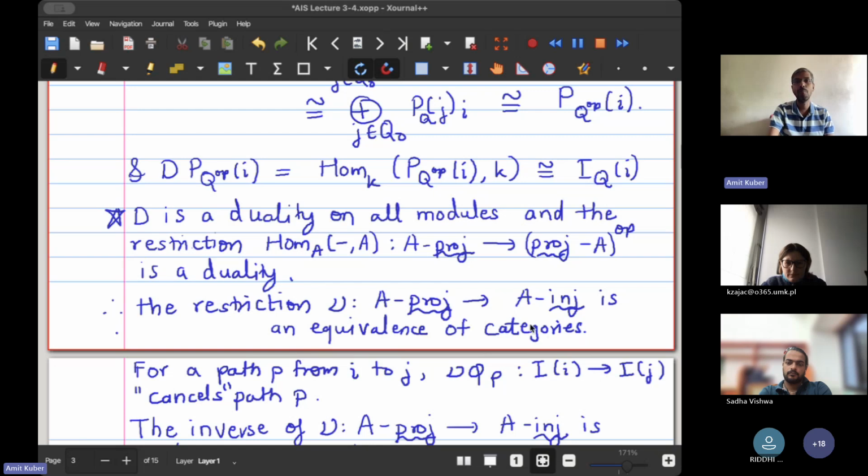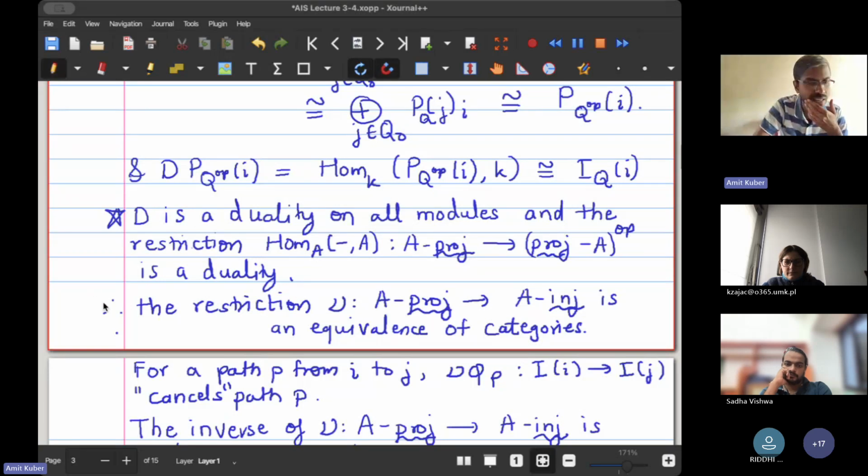Then if we have a map P_i to P_j, there is a path from i to j, and usually we have a map from P_j to P_i, which is by composition.